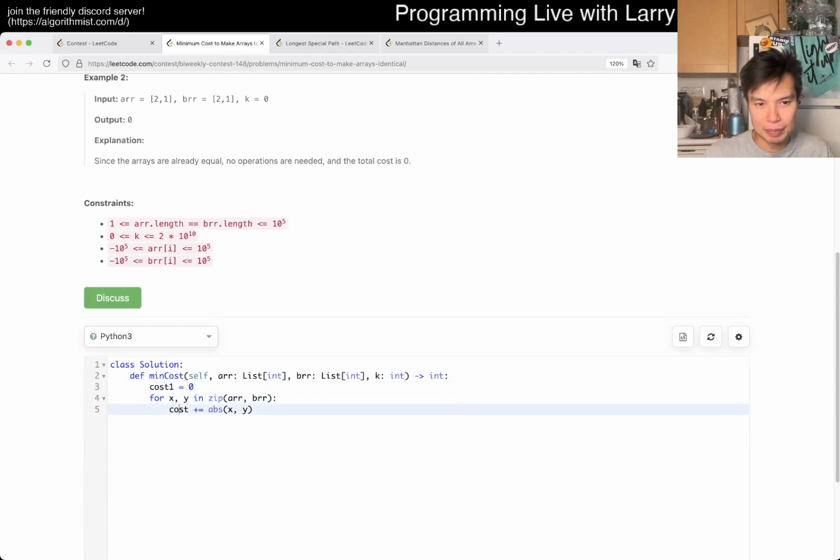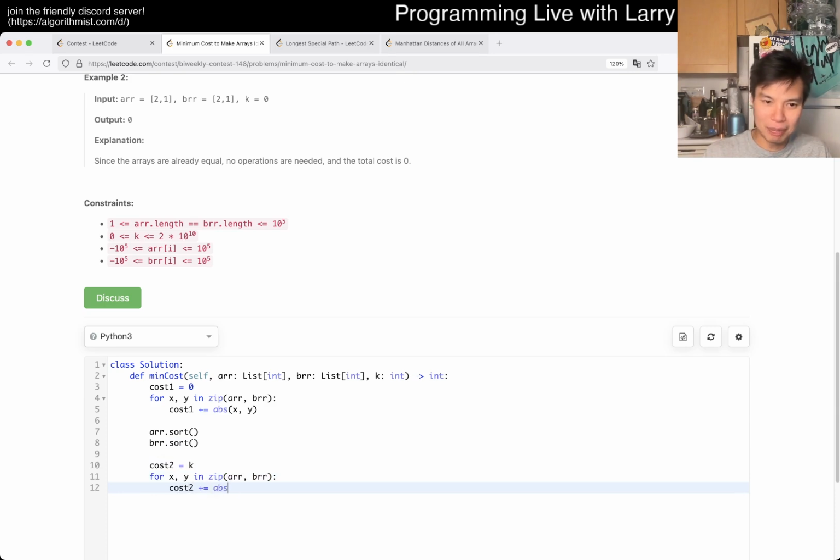Okay, and then the other one is array.sort for x, y, and z. Cost 2 is equal to k, and you could probably have written this with a helper, but whatever.